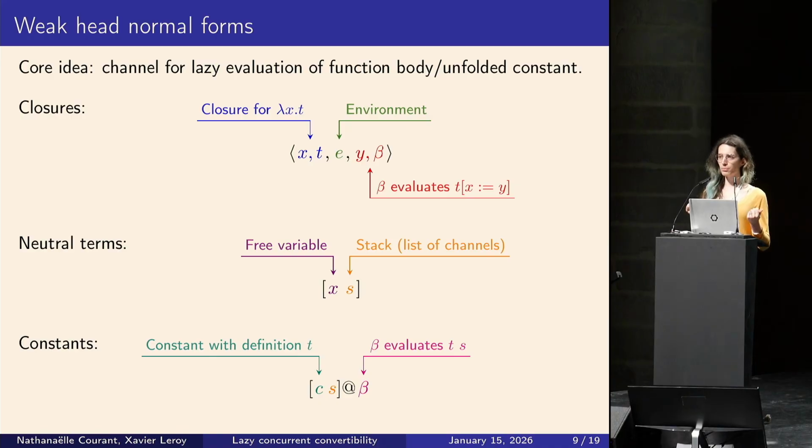We have neutral terms for free variables, which is simply a free variable applied to a stack, a list of channels. And constants look like free variables. So we have a given constant with a definition, a stack, and a channel which evaluates the result that happens after we unfold the constant.